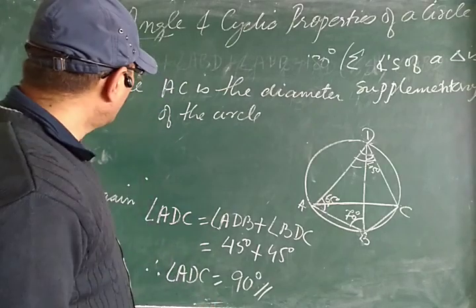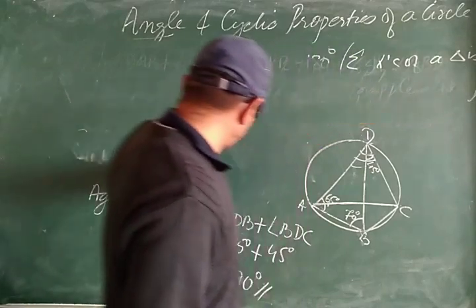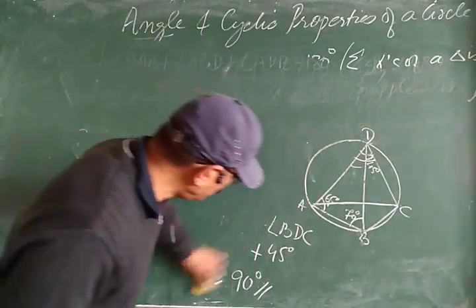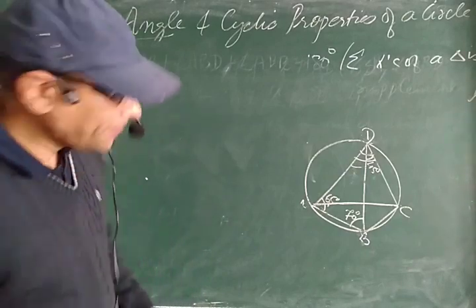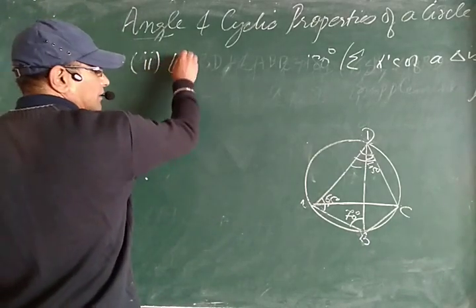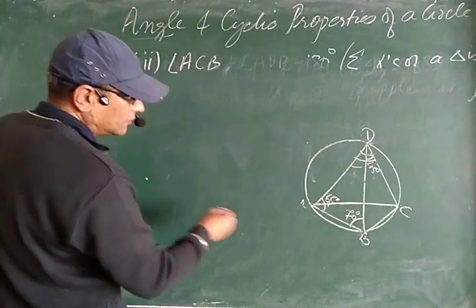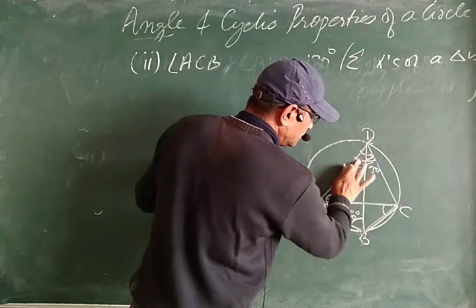This first part is proved. The other thing to be found is number 2, angle ACB. Now look here, ACB is somewhere over here.